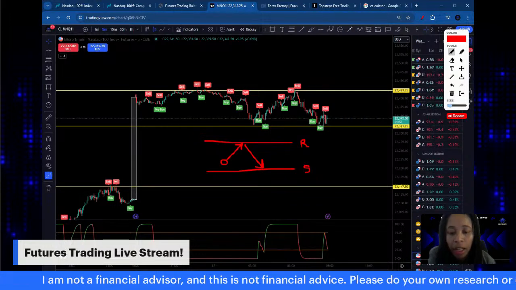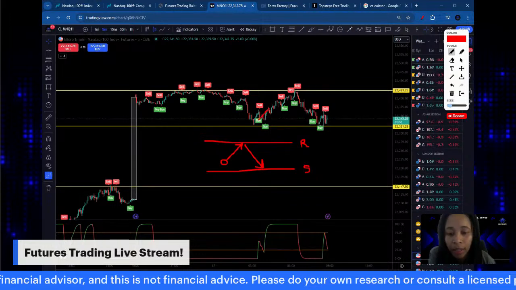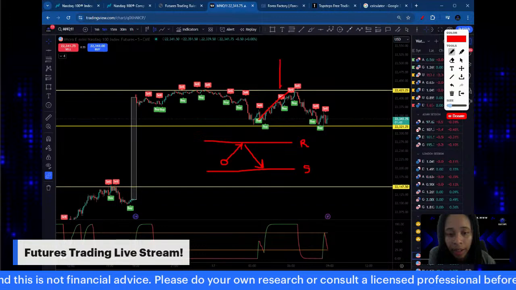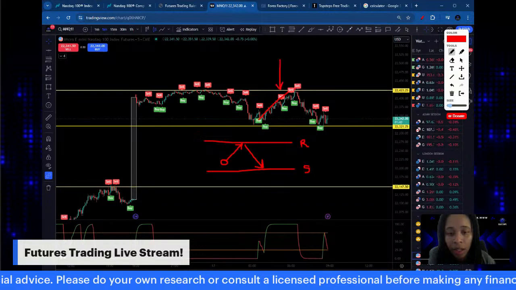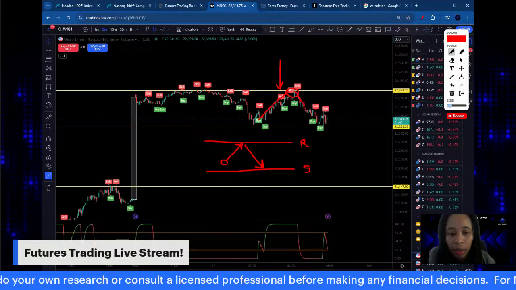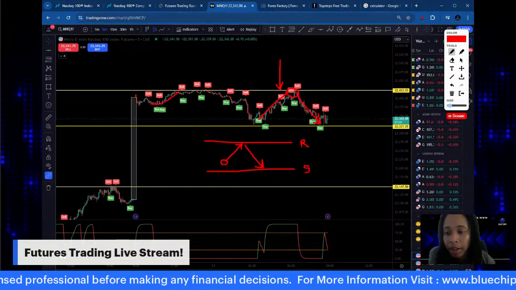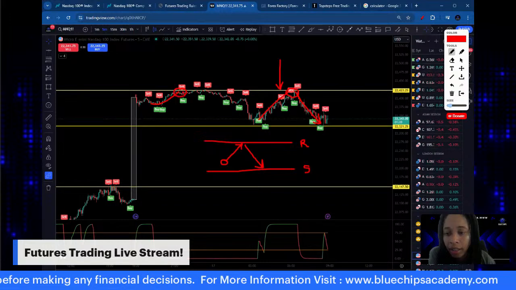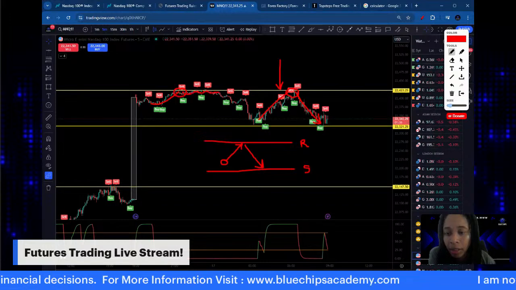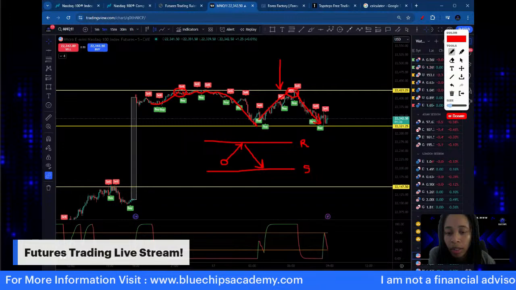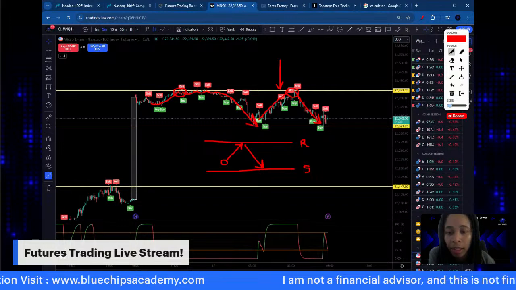So if we look here, when price got up to this key level, our ceiling, what did price do? It went down. Same thing in the past. Price came up to this area, consolidated a little bit, which I'll talk about in a minute, and then it came down.